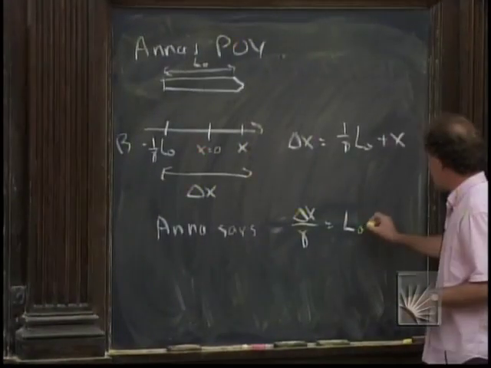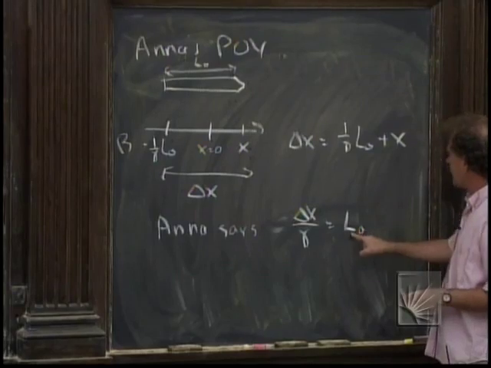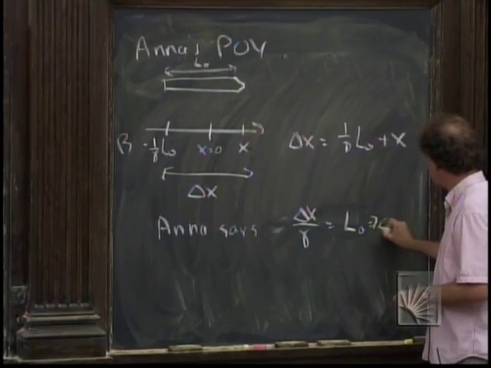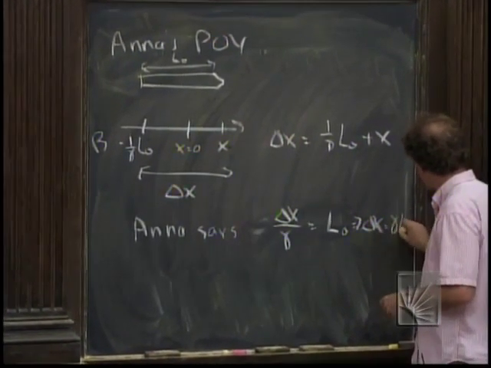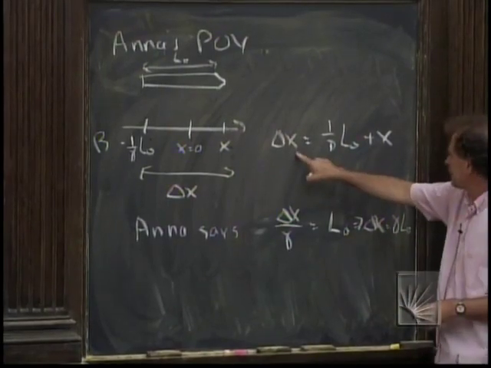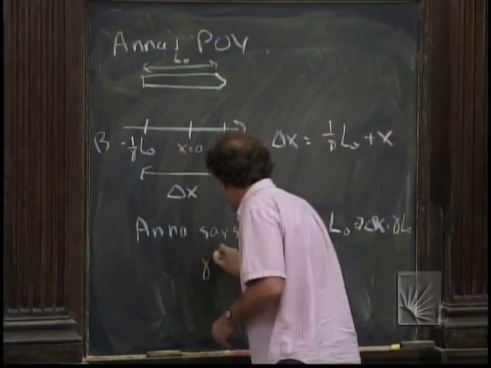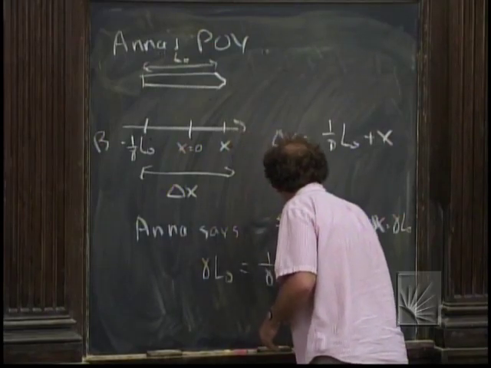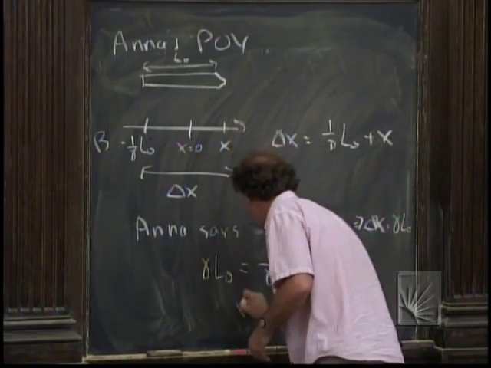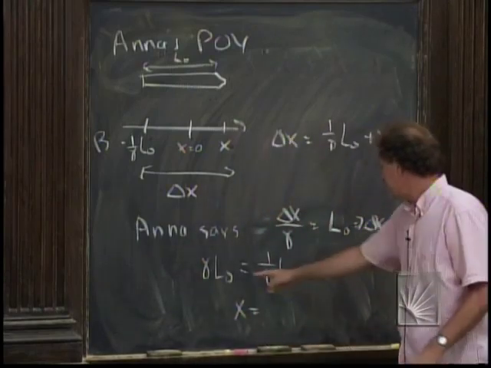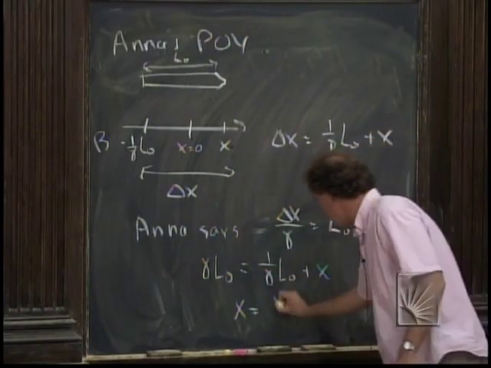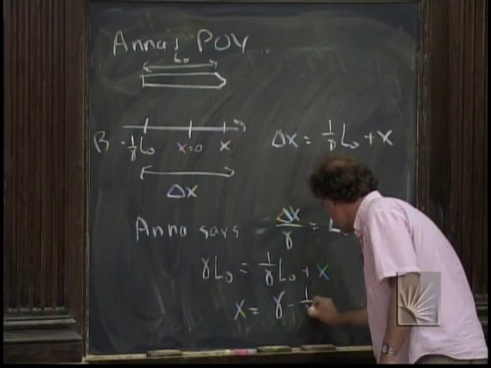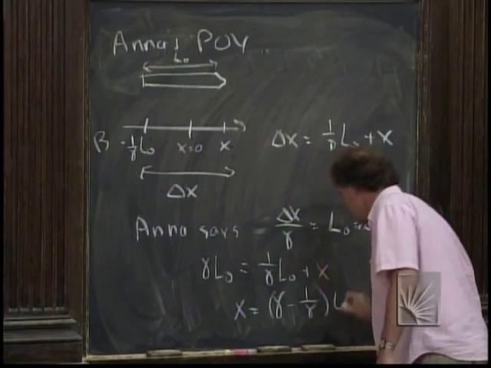So this says delta x is gamma L0, and that's equal to this. So I have gamma L0 equals 1 over gamma L0 plus x. So very simply, x is gamma L0 minus 1 over gamma L0, or gamma minus 1 over gamma, times L0.